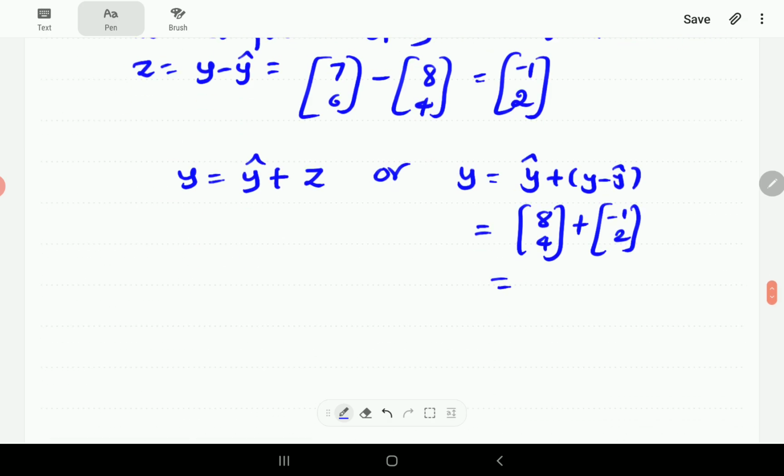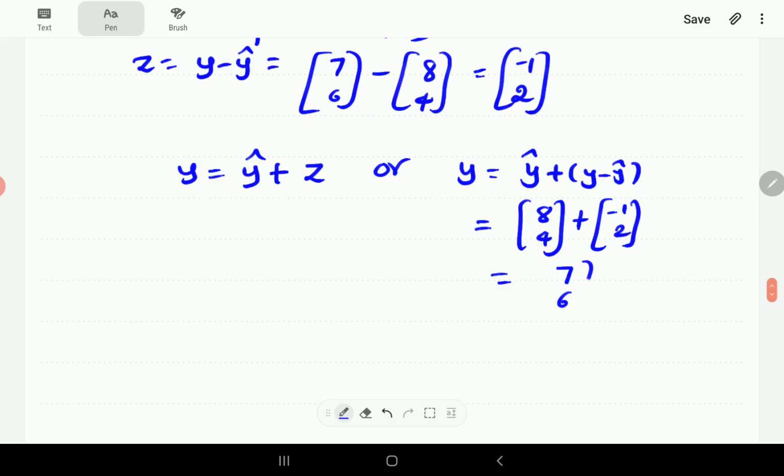If you just calculate this, this is 7 6, which is nothing but your y. So this is how our calculations are correct, because this decomposes our given vector y into two components. One is the vector which is orthogonal to u, and the other, y cap, is the orthogonal projection onto u. Likewise we are going to decompose vectors into two particular vectors.